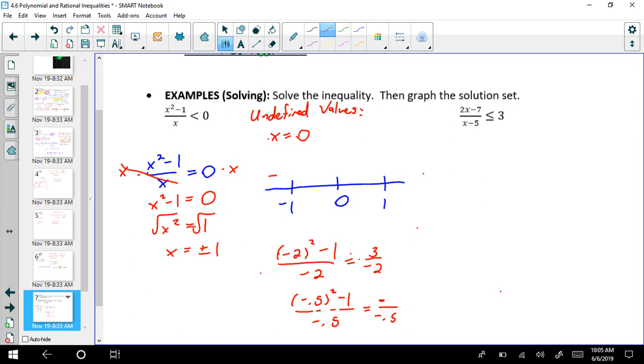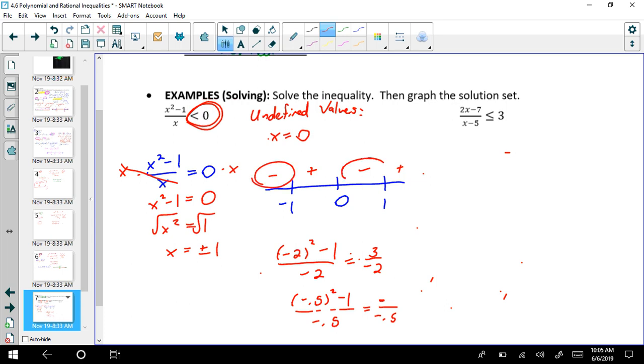I don't really care what the number is. If we have a negative over a negative, it's going to be a positive number. If you continue picking numbers, so pick something in between 0 and 1, and if you plug it in, I'm going to tell you you get a negative out. And if you pick something bigger than 1 and plug it in, you're going to get a positive number out. So now let's answer this. What are the answers that I want? I want the answers that come out less than 0.